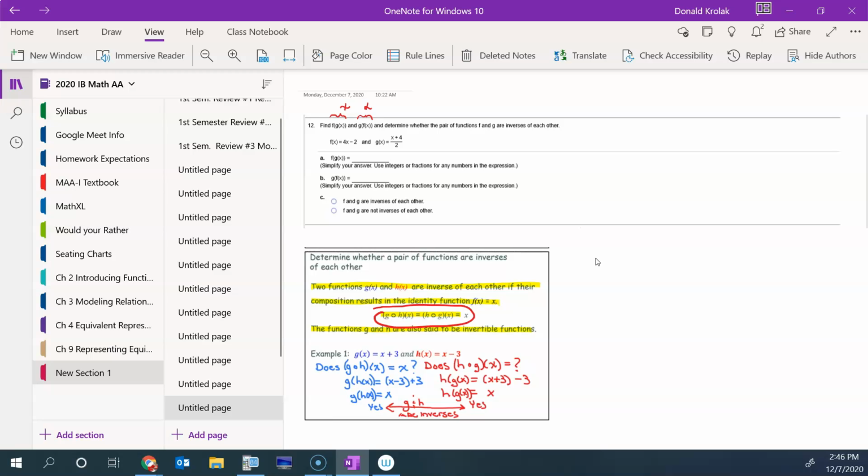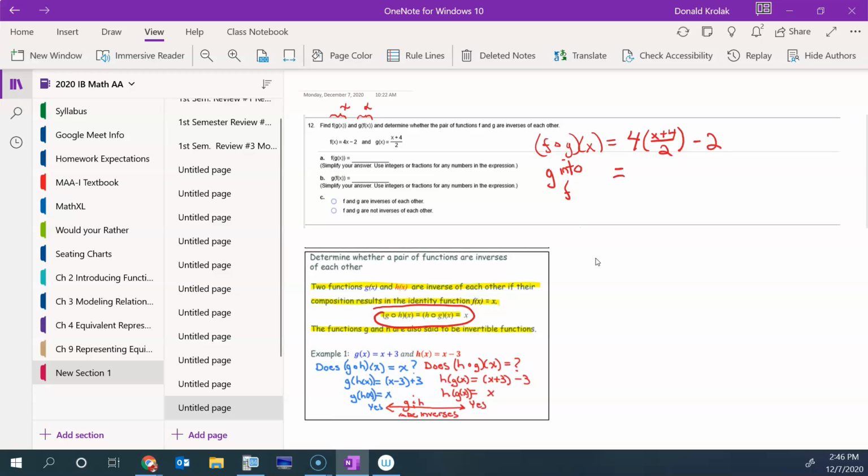All right, so if I did my first composition, f of g of x, I'm going to put g into f. So now I'm going to put g in that x. That's x plus 4 over 2.